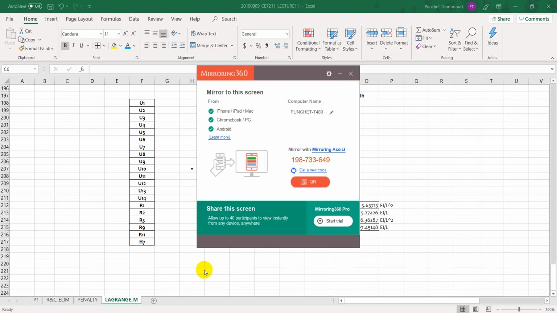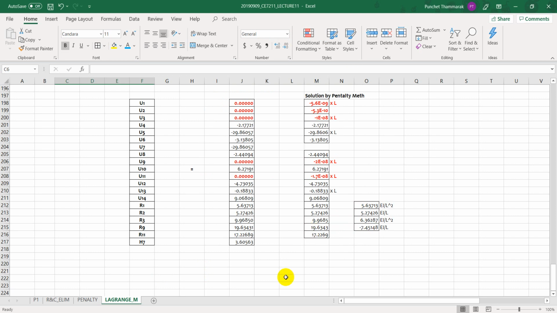One second, let me connect. It doesn't ask me anything. It is on the same network. Oh, come on. I cannot find the iPad from this network. This is okay.